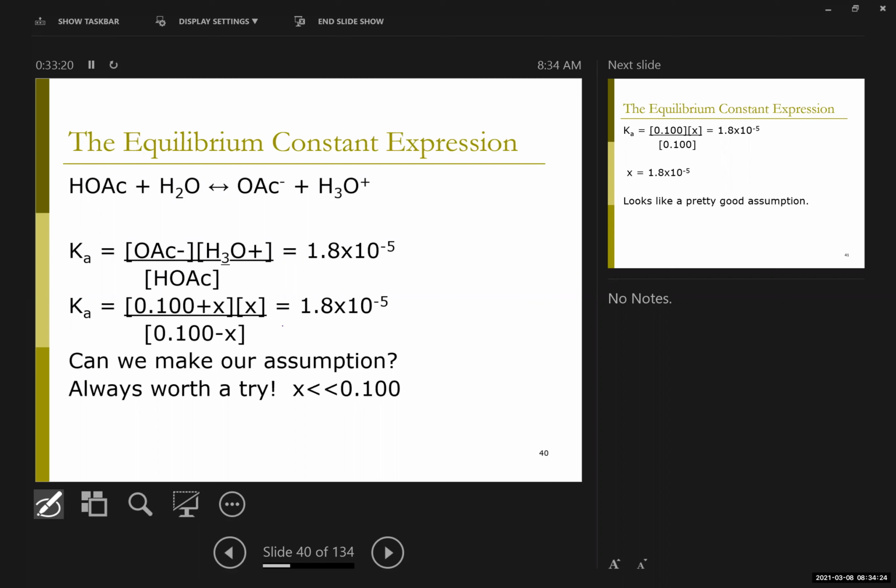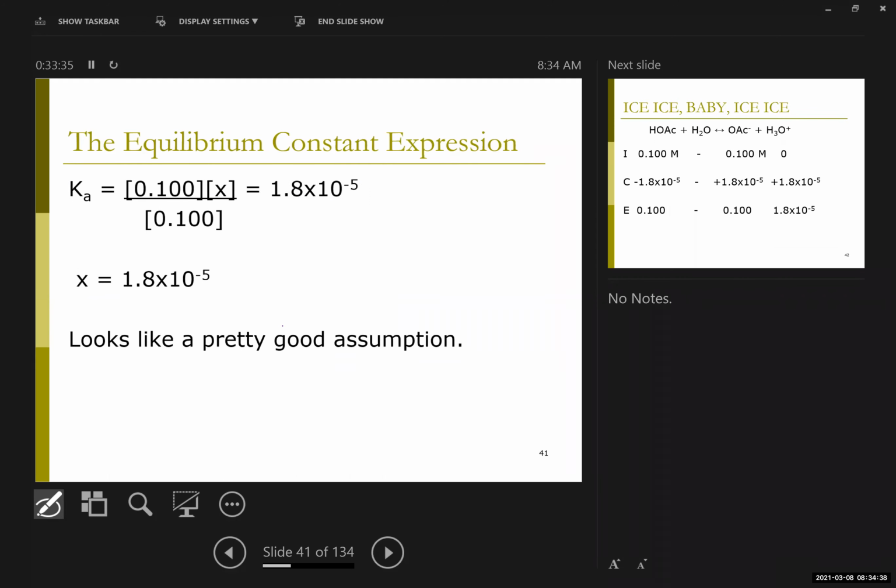If I assume that X is much less than 0.1, both of those X's that are being incrementally attached to 0.1 should be insignificant. And so I don't even have to take a square root this time. The 0.1s cancel, and X is 1.8 times 10 to the minus 5.